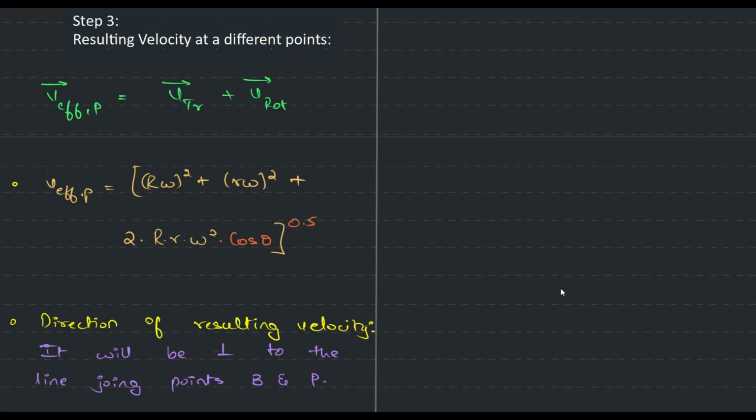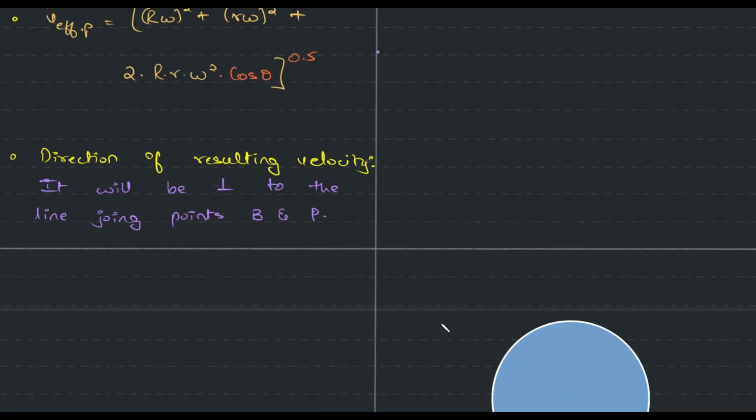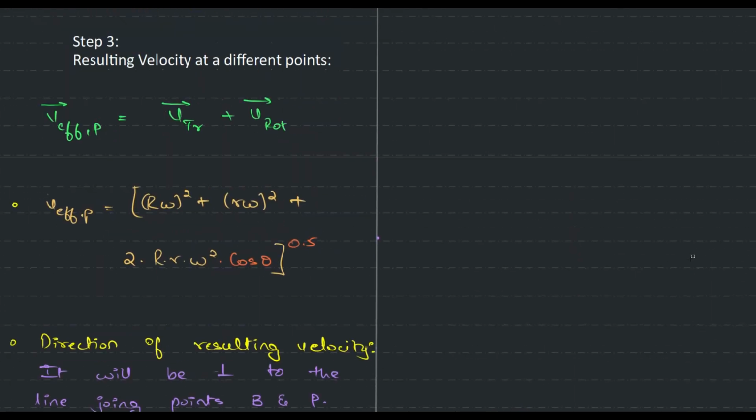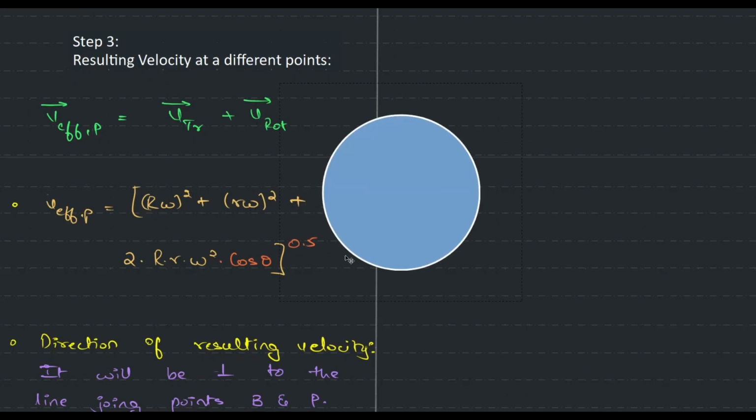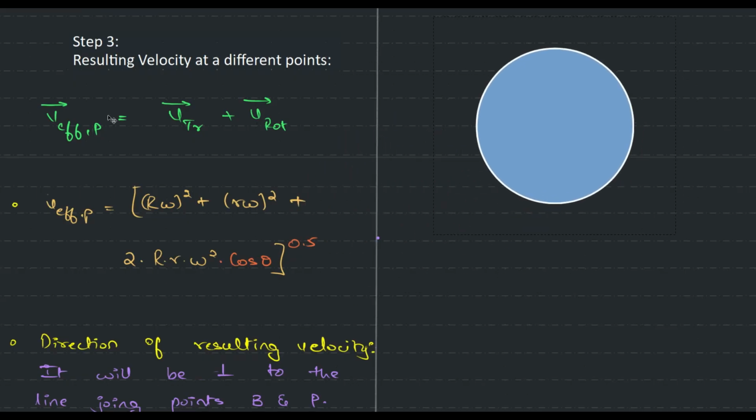Okay, so almost there. We are trying to understand that blurry wheel. So for that, I need to take up this again. And let's consider the point B. And say the point P is over here. Now, we have seen this actually.